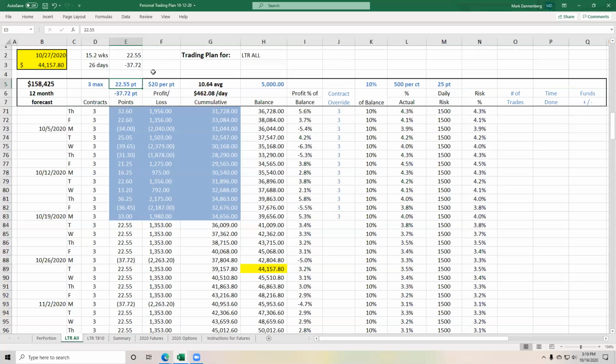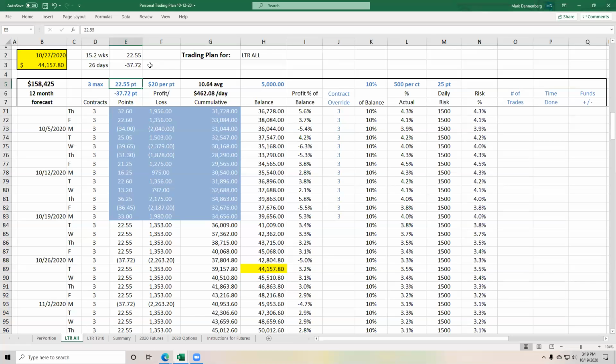You know, the fact that we have over 15 weeks of performance now in our personal trading plan says we've got a good amount of history. We've now kind of established a baseline for ourselves. If you're an individual trader, you're starting your own personal trading business and you've just traded now for 15 weeks, you have a good baseline of what you could reasonably expect in the way of performance from your own personal trading.